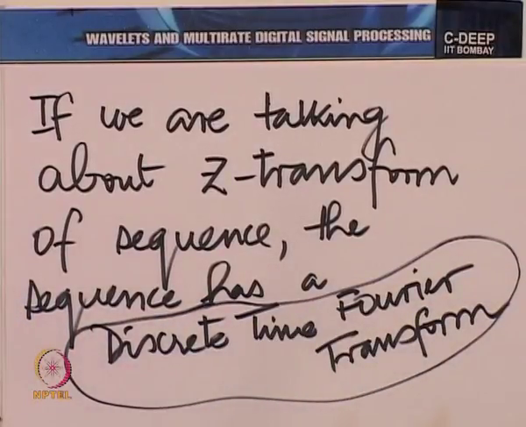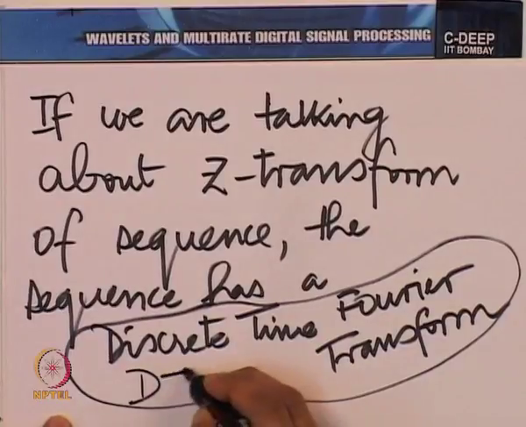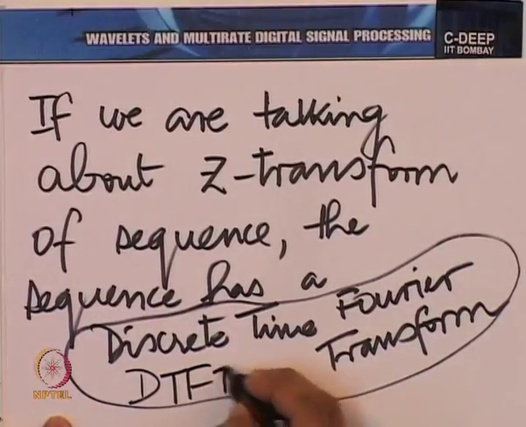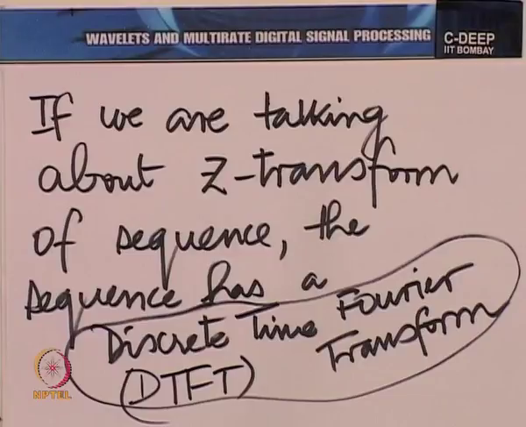This is an important concept, a DTFT for short. Either way, what we are saying is, in case the unit circle is included in the region of convergence, then we have an even more interesting interpretation of the system function or the sequence in question. And in fact, if we look at all these Z transforms encountered in the Haar filter bank, they all satisfy this.